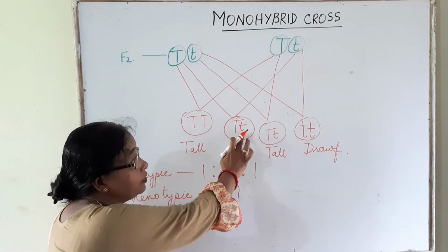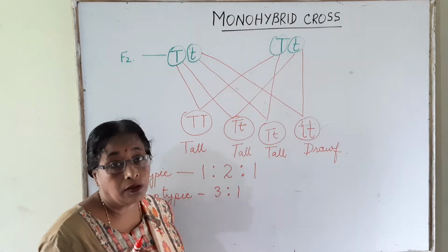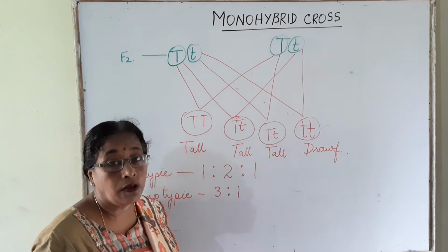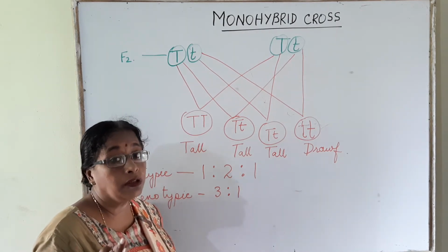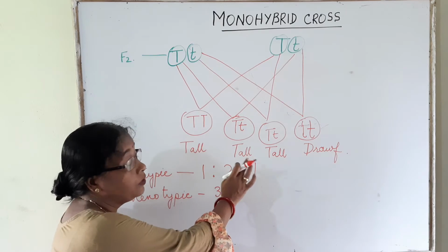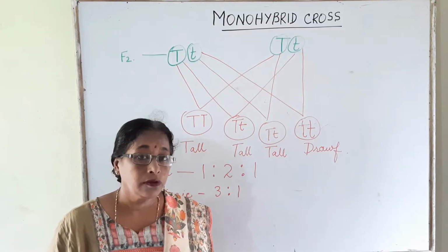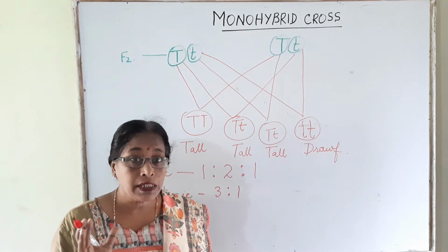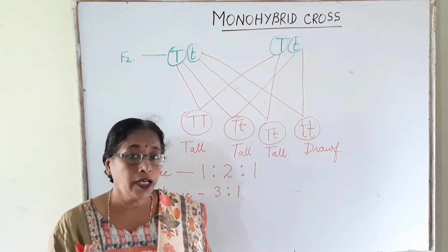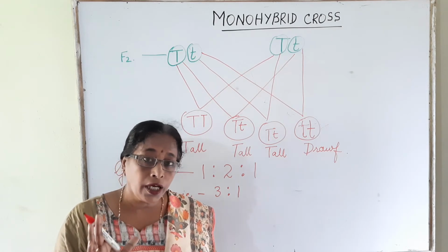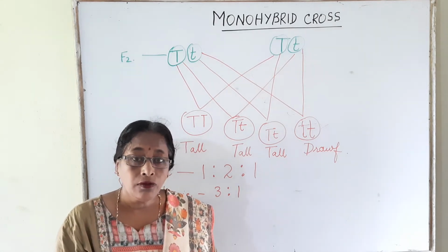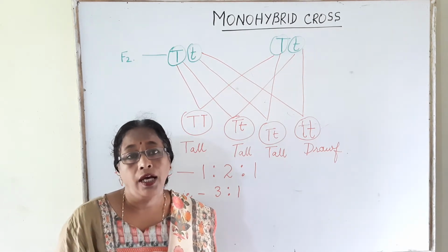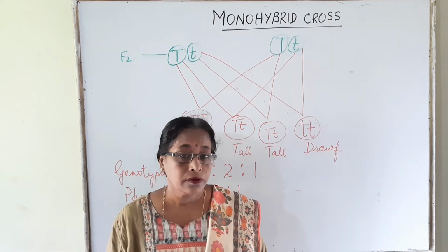Dwarfness here is a recessive character which has been hidden with tallness. The tallness character dominates the dwarfness character, and tallness is seen in a heterozygous condition. So the character which dominates, or which is physically seen, is known as the dominant factor, and the character which is hidden, which is not seen, is known as the recessive factor.